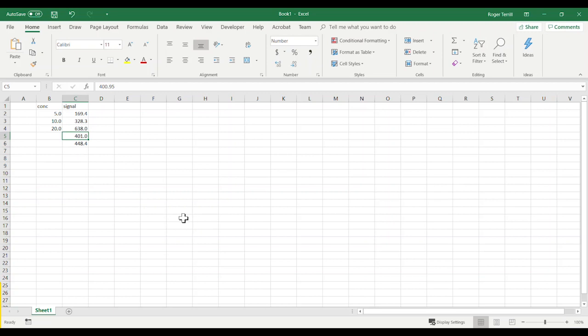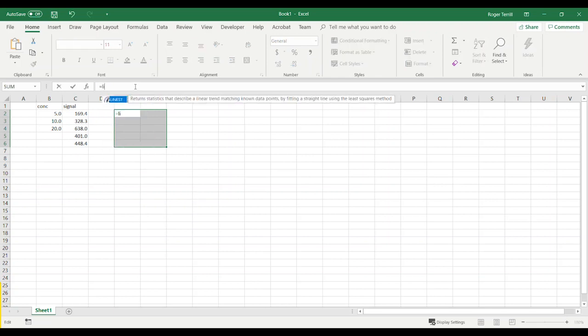So let's LINEST these data, and that means we're going to highlight a 2 by 5 range, and type equals LINEST, put in the y values and the x values for the calibration, then true and true.